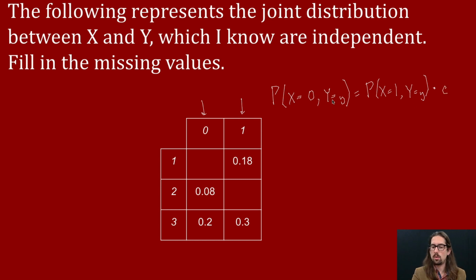And I don't care what the value of y is. This constant is always the same. It doesn't depend on what that value of y is. That's saying that I can get this one by multiplying the thing on the left by the same number, c. So times c, times c, times c.